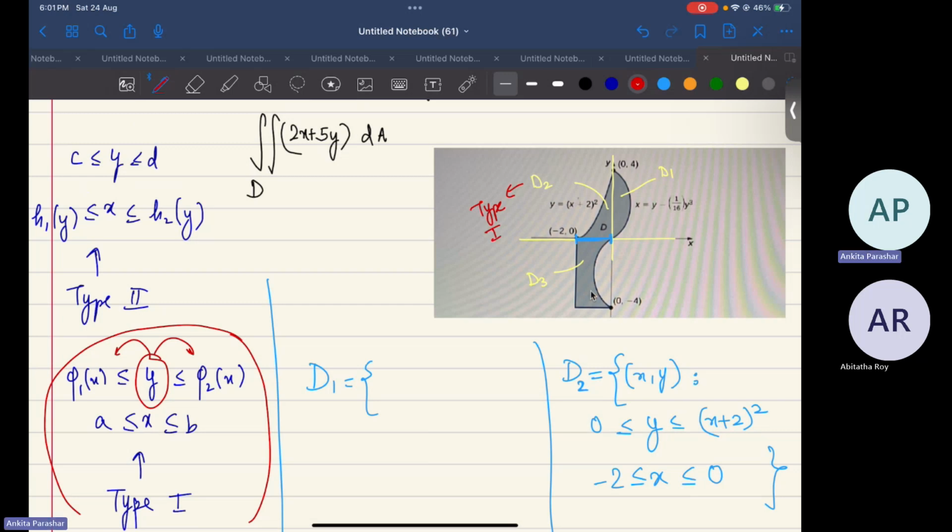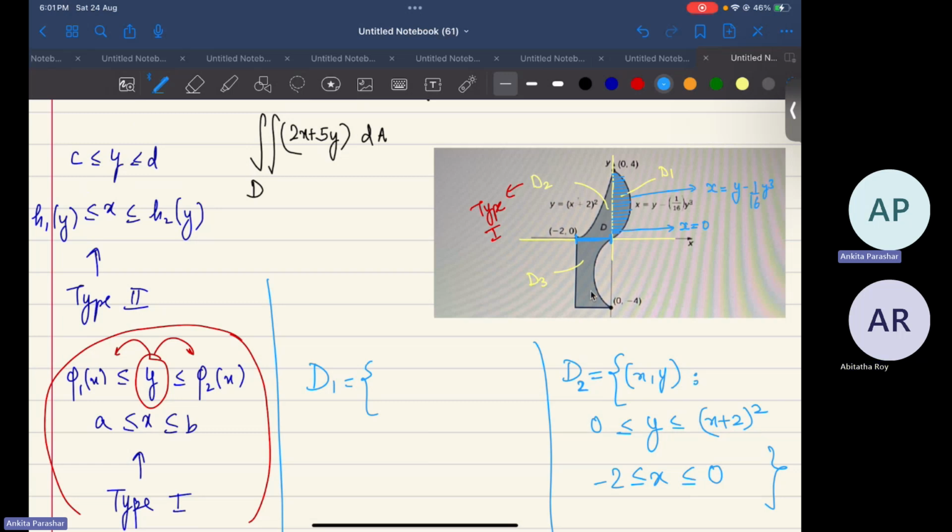What is the type for D1? Type 2, right? Because we are writing x in terms of y. Remember, you draw the parallel lines to the x-axis. There is a unique curve. You start from x equal to 0 and you end by writing x equal to y minus 1 by 16 y cube.